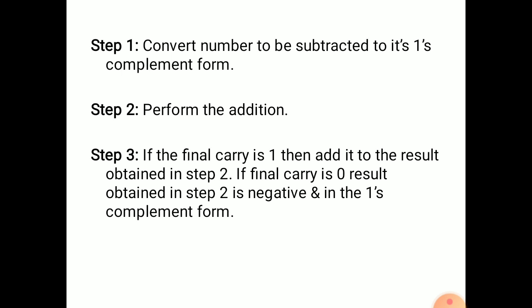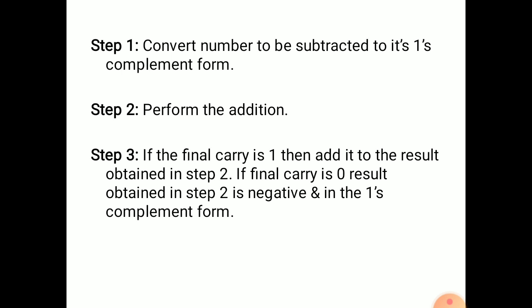Step 3, if final carry is 1, then add it to the result of addition obtained in step second to get the final result of a minus b. Note that if the final carry is 1, then the subtraction is positive and in its true form.